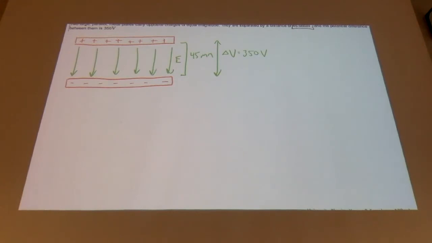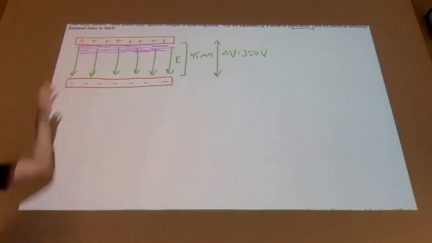As a bit of a refresher, remember what this means. When we're talking about potential differences, we are saying that regions, let's say up here near this plate, have high potential. There's a lot of reason for a positive charge dropped in that region to move.